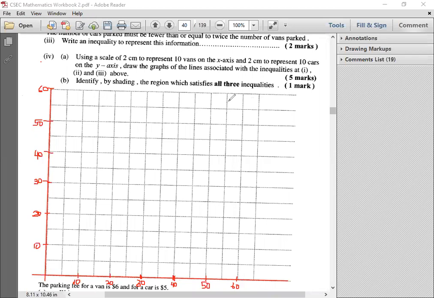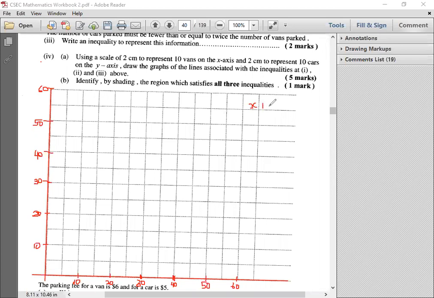Give me all the inequalities that we're working with. X plus Y is less than or equal to 60.